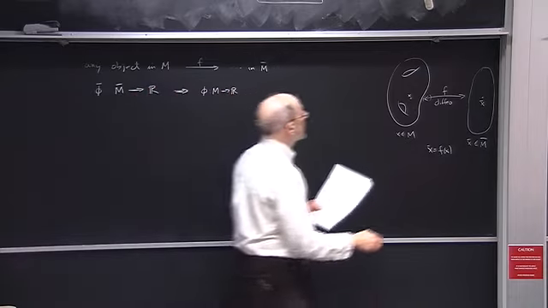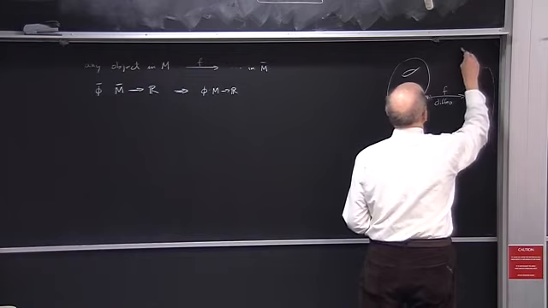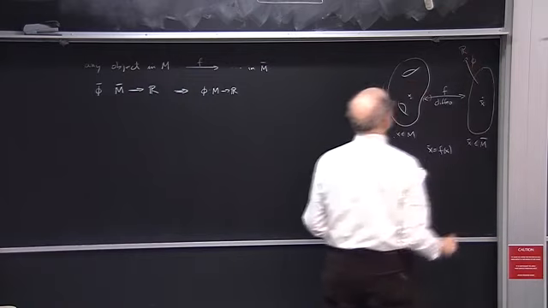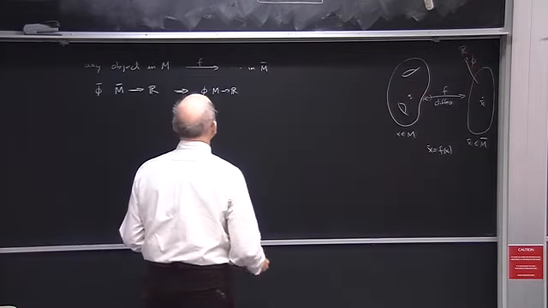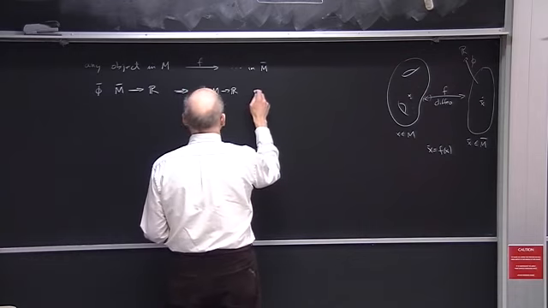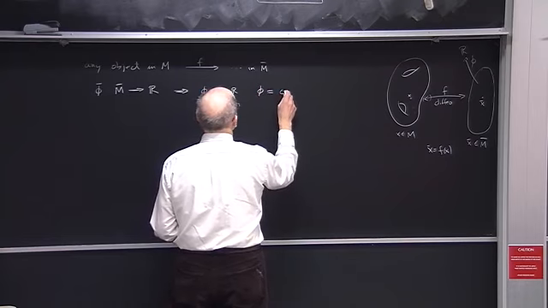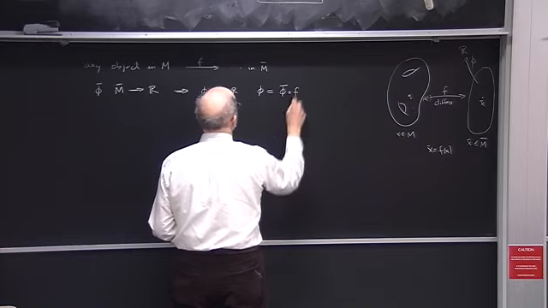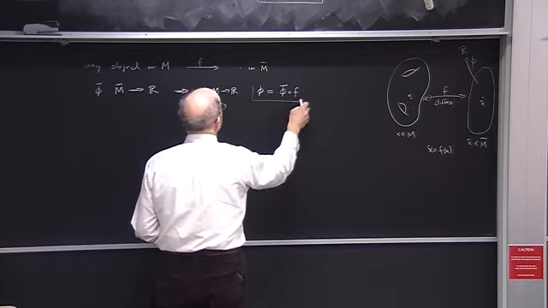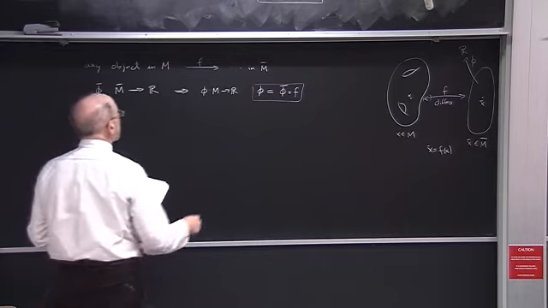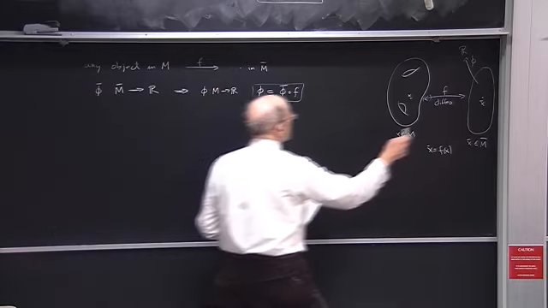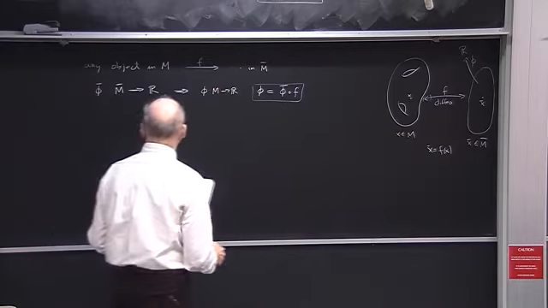Well, this scalar field was just a map from M bar into the reals, so I just compose it with F, and I get a scalar field on M. That's called pulling back the scalar field phi bar from M bar to M.